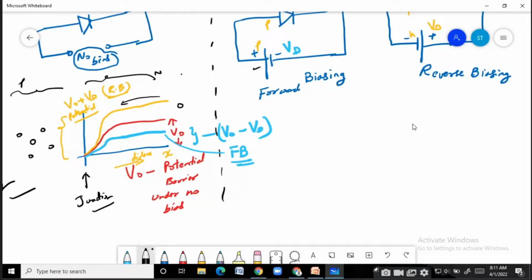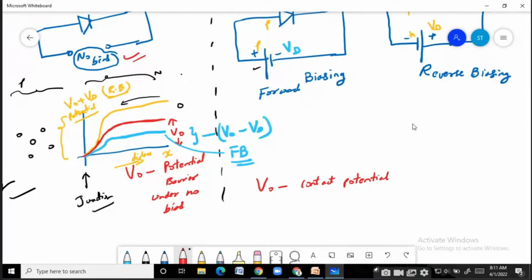This is the barrier that exists under no bias condition. It is represented by V naught, also known as the potential barrier, or the contact potential. These are the various names.